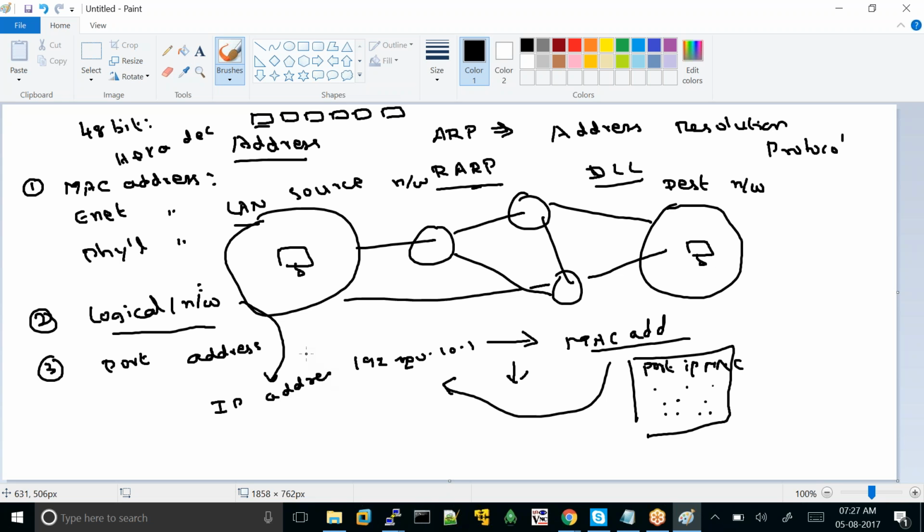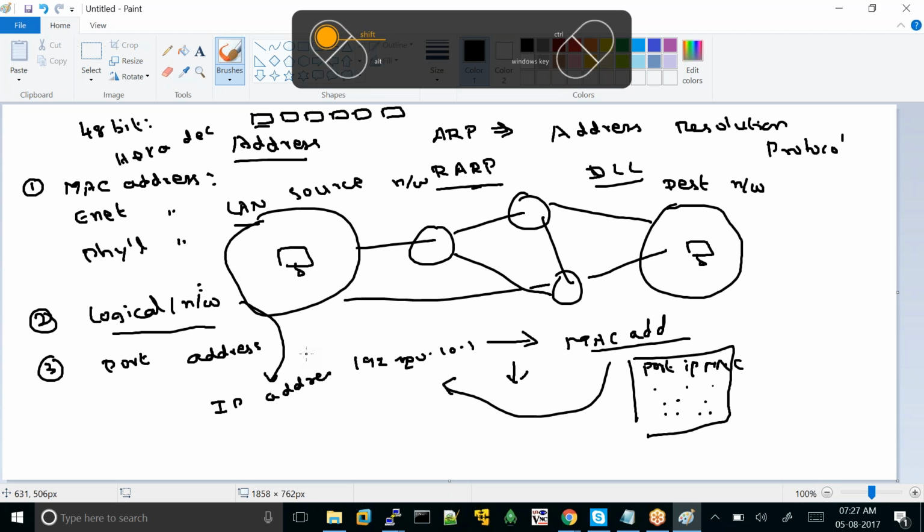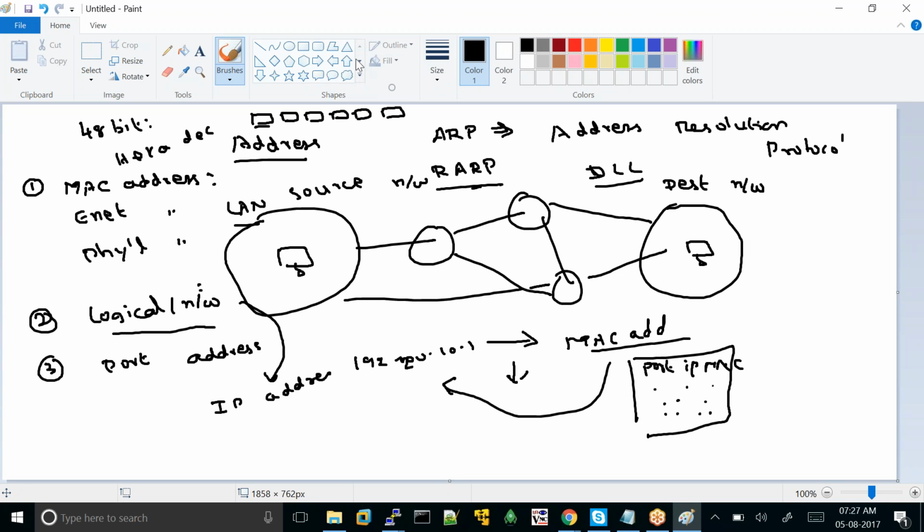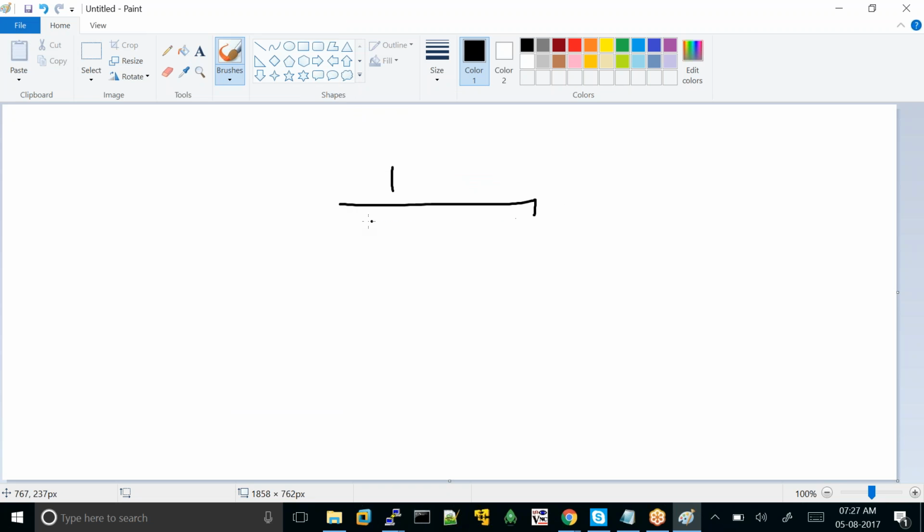In terms of IP addressing, there are two types of addresses. You are already aware: one is the classful addressing scheme, the second one is the classless addressing scheme. For you to understand subnetting, you need an in-depth discussion of the classful addressing scheme.